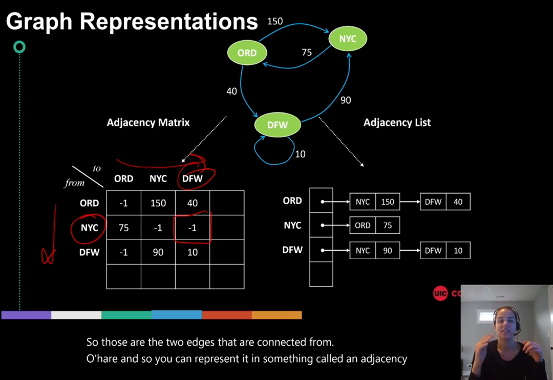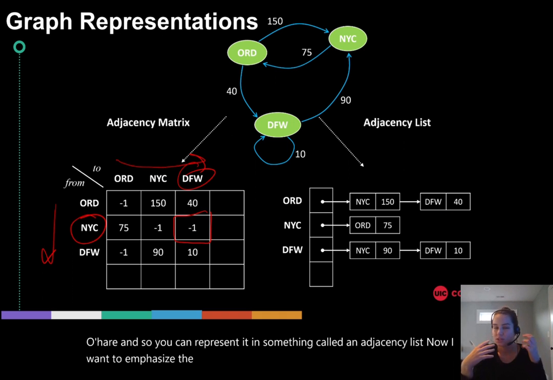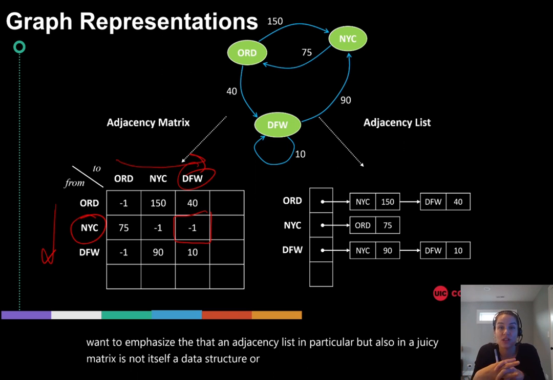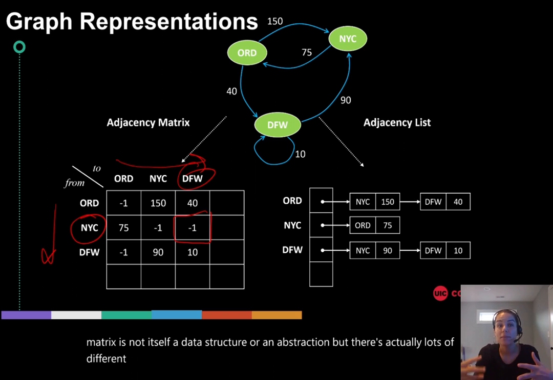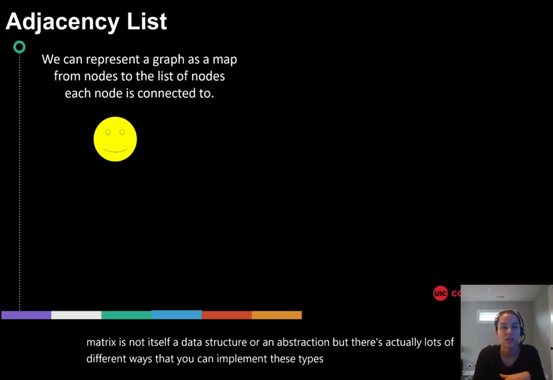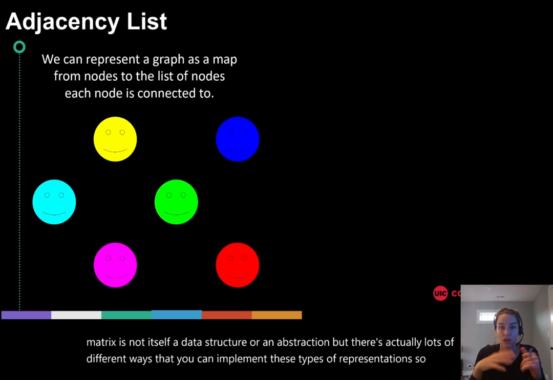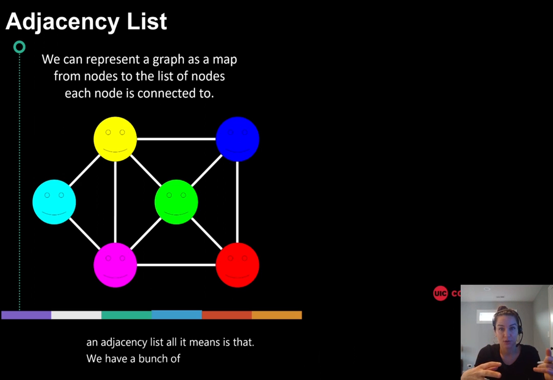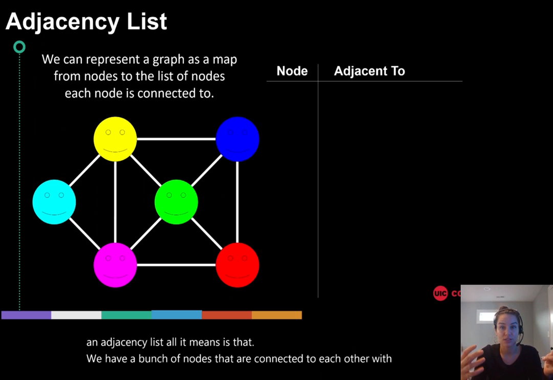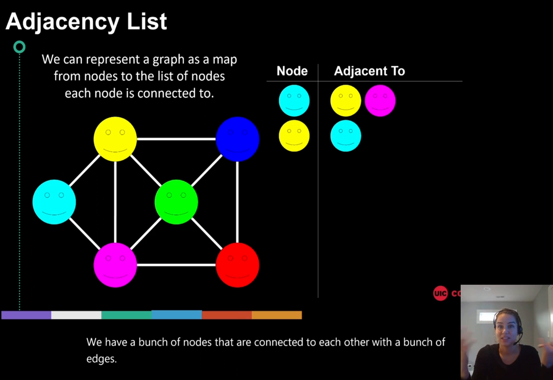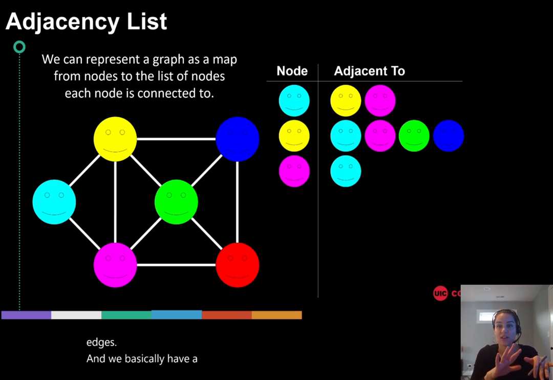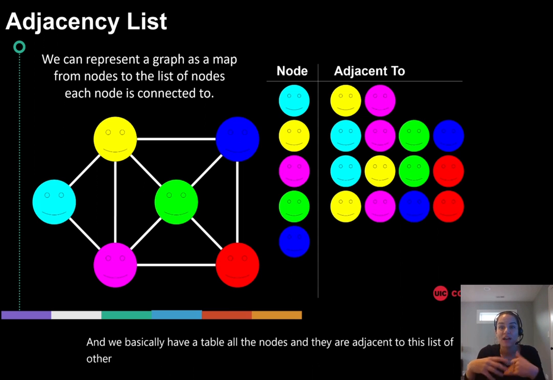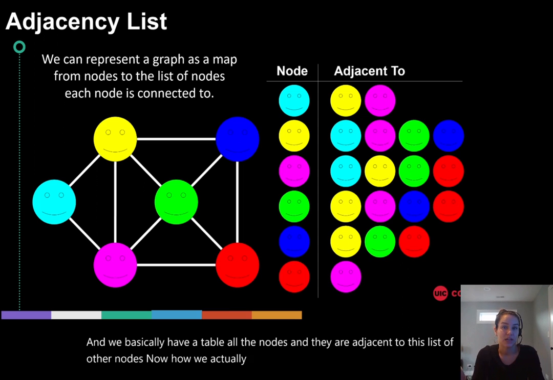Now, I want to emphasize that an adjacency list in particular, but also an adjacency matrix, is not itself a data structure or an abstraction, but there are lots of different ways that you can implement these types of representations. For an adjacency list, all it means is that we have a bunch of nodes that are connected to each other with a bunch of edges, and we basically have a table of all the nodes and they are adjacent to this list of other nodes. Now, how we actually implement that, here's one idea.